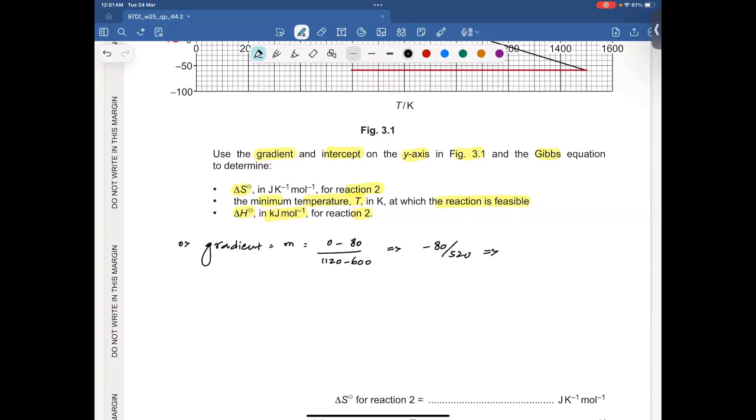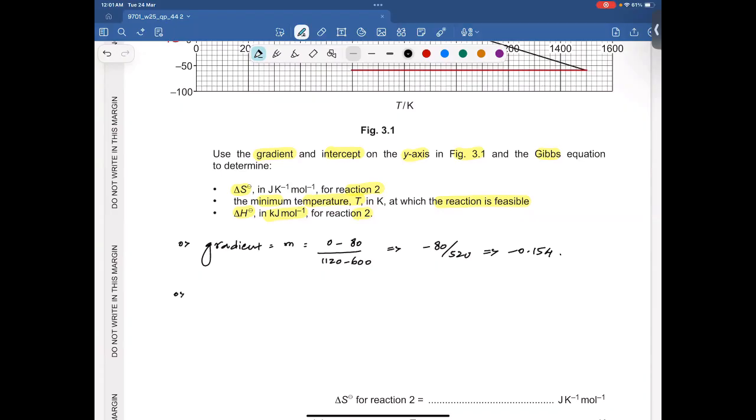So the value is going to be minus 0.1538. So I take minus 0.1538 as minus 0.154. Okay. So that's the gradient, guys.